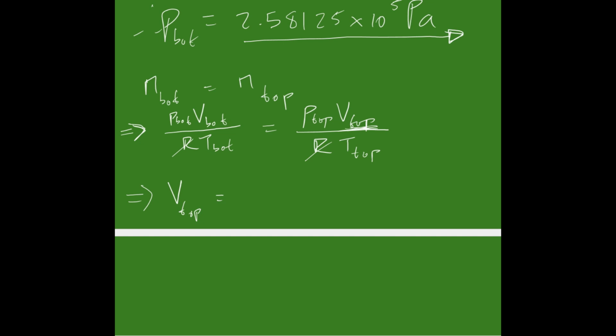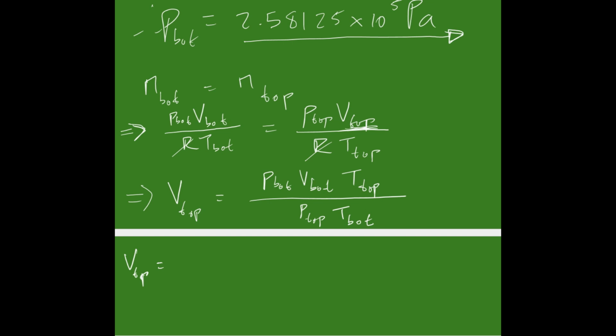So ultimately we get pressure at the bottom times volume at the bottom times temperature at the top all over pressure at the top and temperature at the bottom. Now we've got all these values, but again we need to be careful with the units.